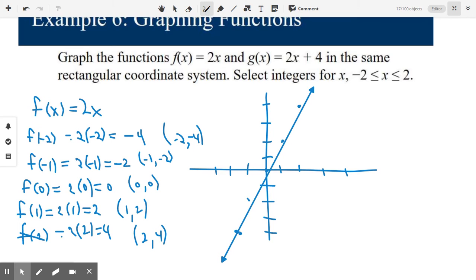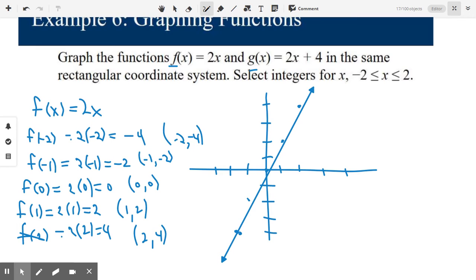I could do the same thing with the g of x. Now notice that's an f and this is a g. The reason they're using g there is because we have two equations on the same page. We're dealing with each other. If we put f of x and f of x, then we don't know exactly which function we're talking about. So they'll change this to a g of x. You see h of x and things like that.